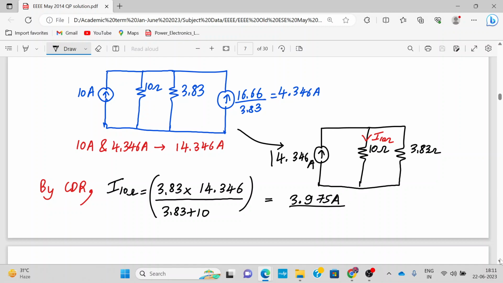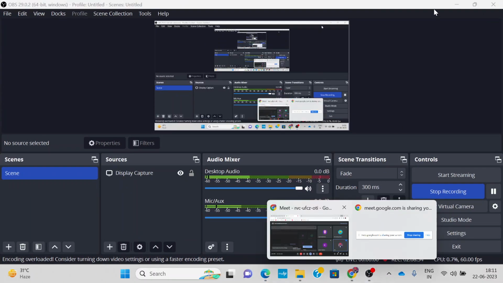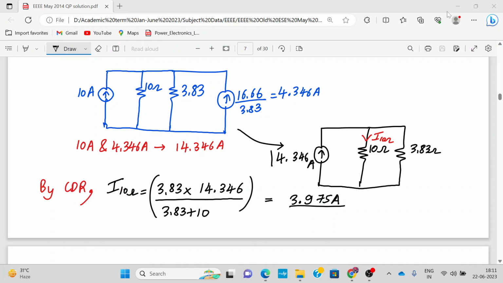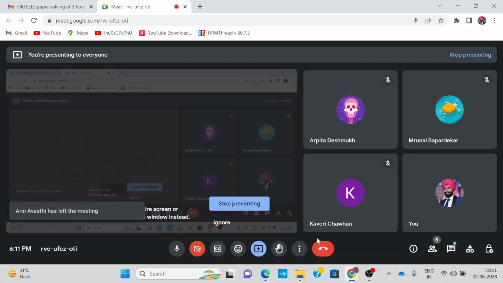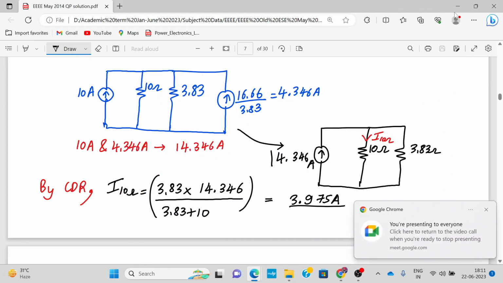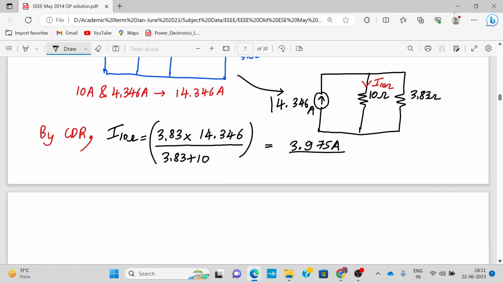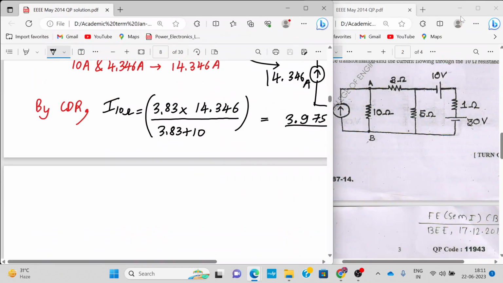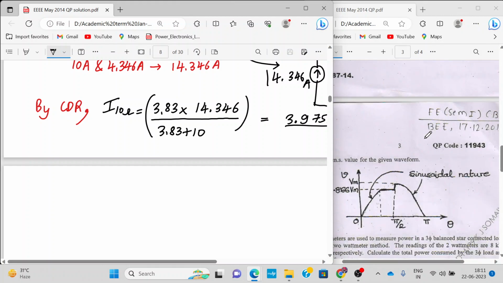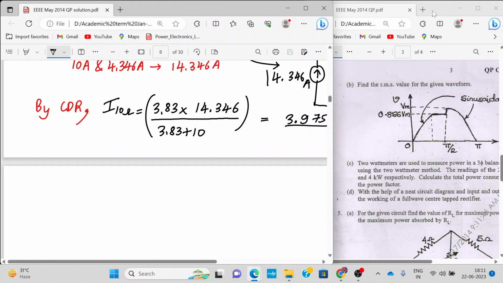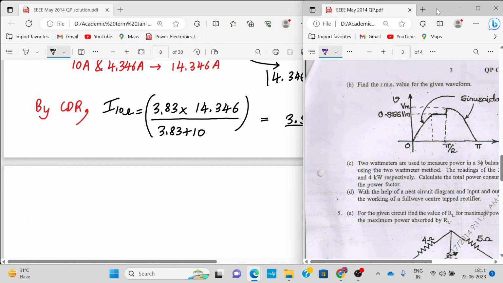Done. Is the answer matching? Yes. Okay, fine, great. So we are going at good speed now. In 10 minutes we have completed a numerical of a higher value. Now we are going fast.